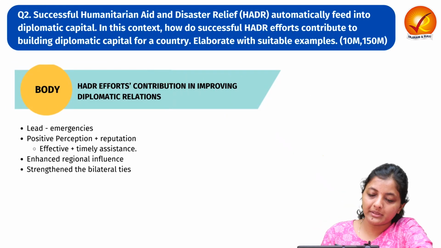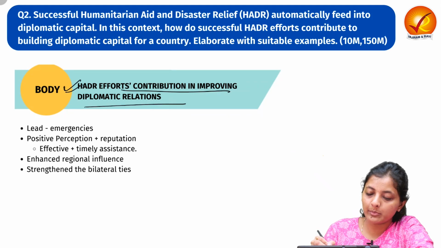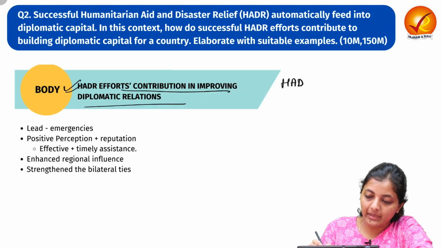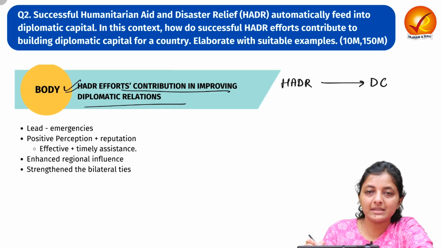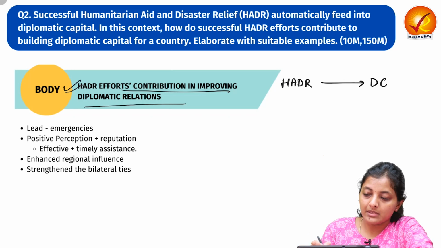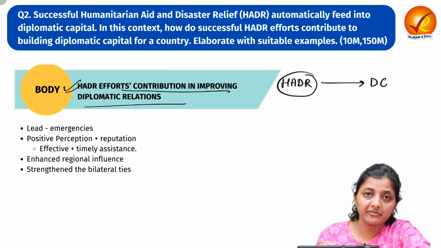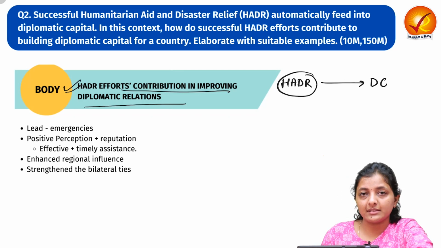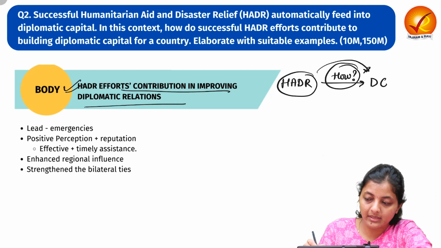Let's come to the body part. HADR efforts' contribution in improving diplomatic relations. How does HADR improve or build diplomatic capital? So when any country provides humanitarian aid and disaster relief support or assistance during emergency time, how does it build diplomatic capital? This is our body, this is the demand of the question.